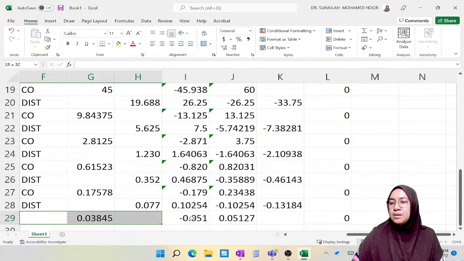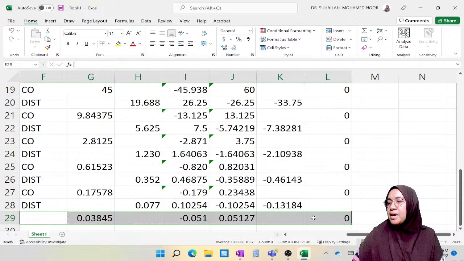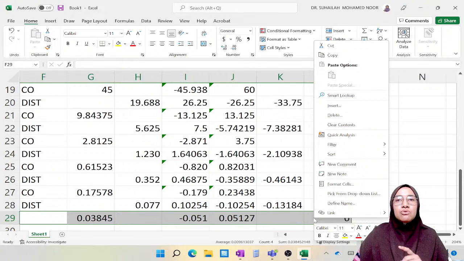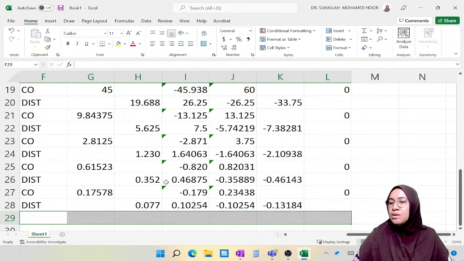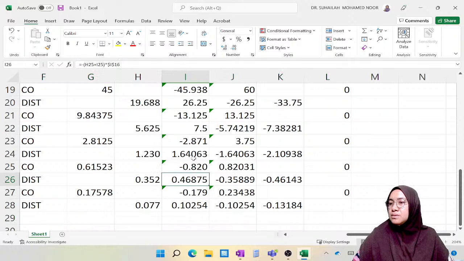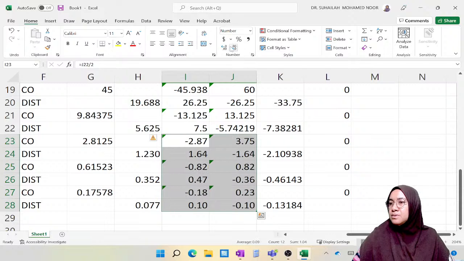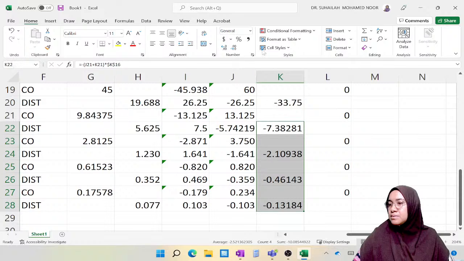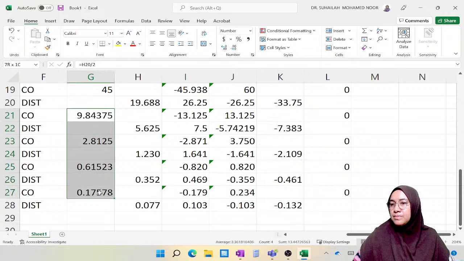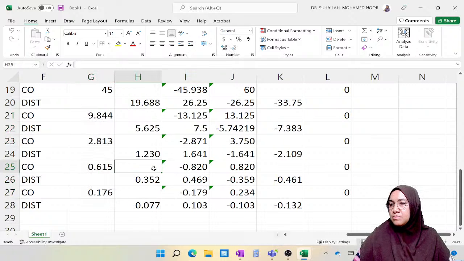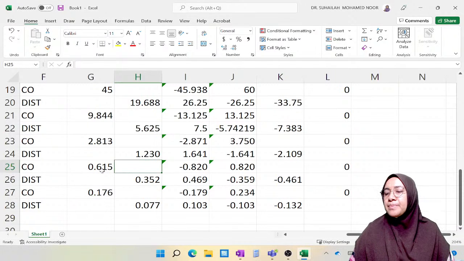So the last carry over I will clear, because you must remember that we should stop at distribution, not at carry over. Okay, 3 decimal places. Do you have any questions?